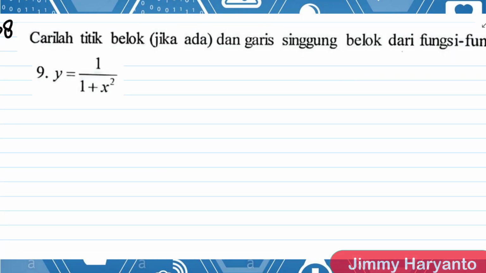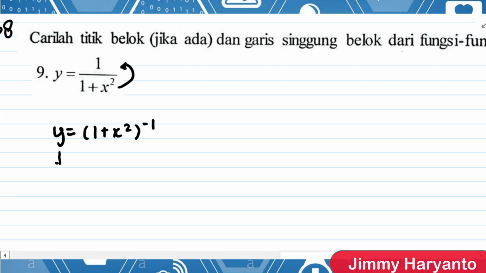Okay, next is number 9. To find the y-accent, I will change the y first. So I have 1 over 1 plus x squared. I will change it into (1 plus x squared) to the power of negative 1, yeah. So I move the bottom part to the top part. And as we know, when we move the bottom part to the top part, the power will be negative 1.